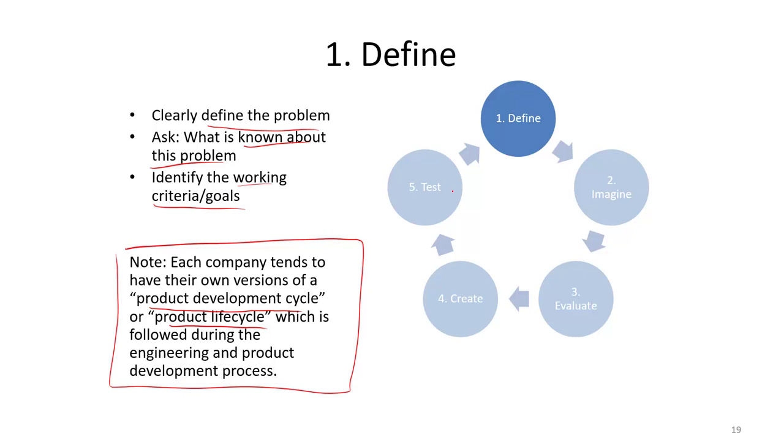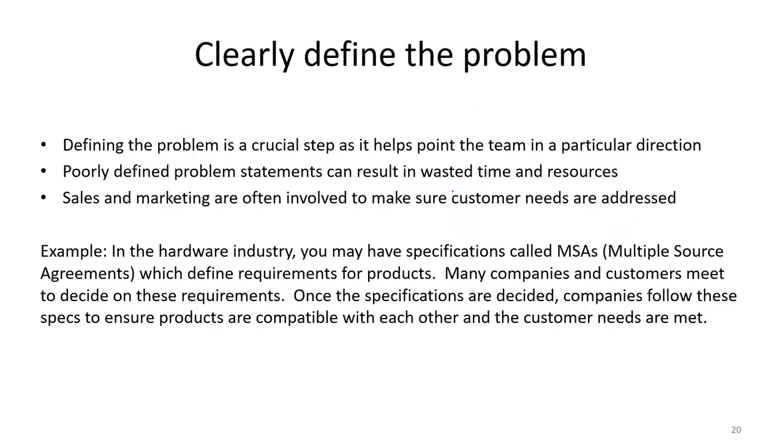All right, so let's talk more about what happens in the define step. So in define, our task is to clearly define and understand the problem. This might seem a little simple and basic, like, isn't it obvious what our problem is? But believe it or not, defining the problem is a crucial step.